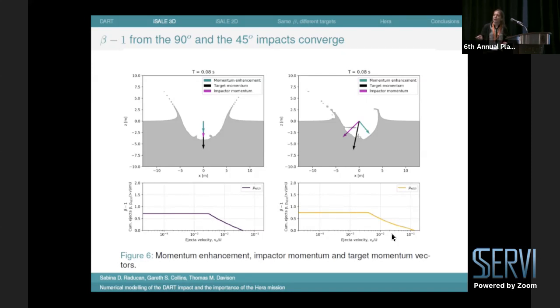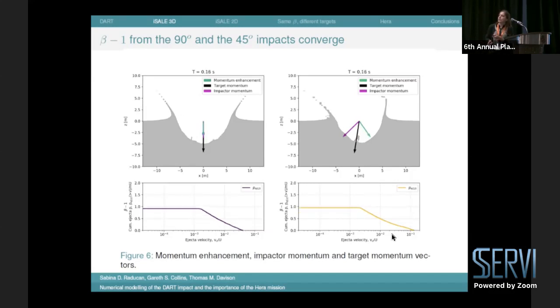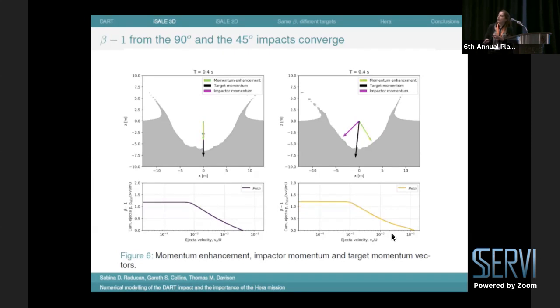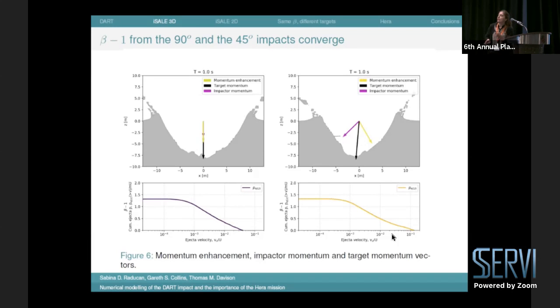Note that in the oblique impact, we normalize the ejecta momentum by the vertical component of the impact velocity. We see that as the crater grows, the ejecta in the oblique impact becomes more symmetrical, and surprisingly, we end up with a target momentum that points almost vertically downwards.